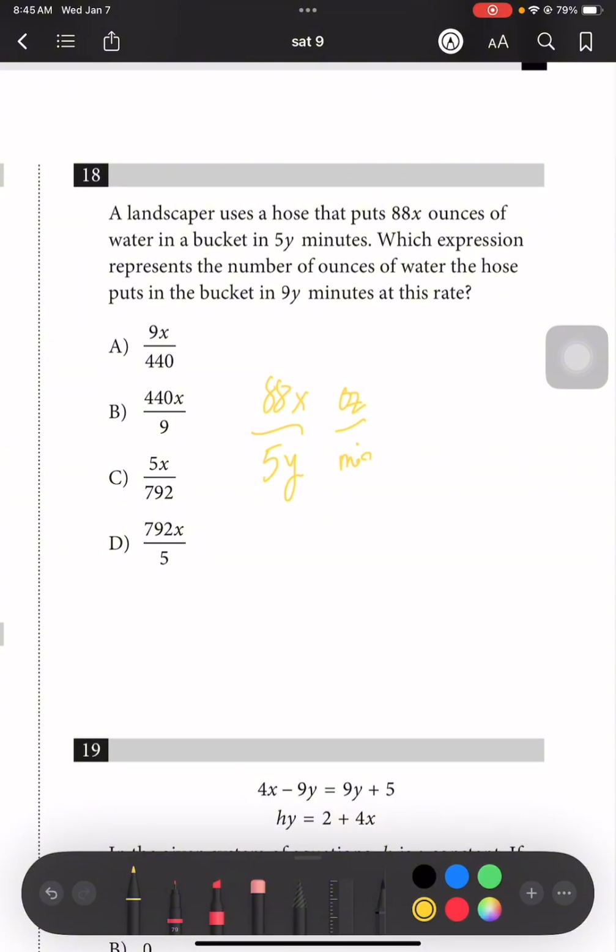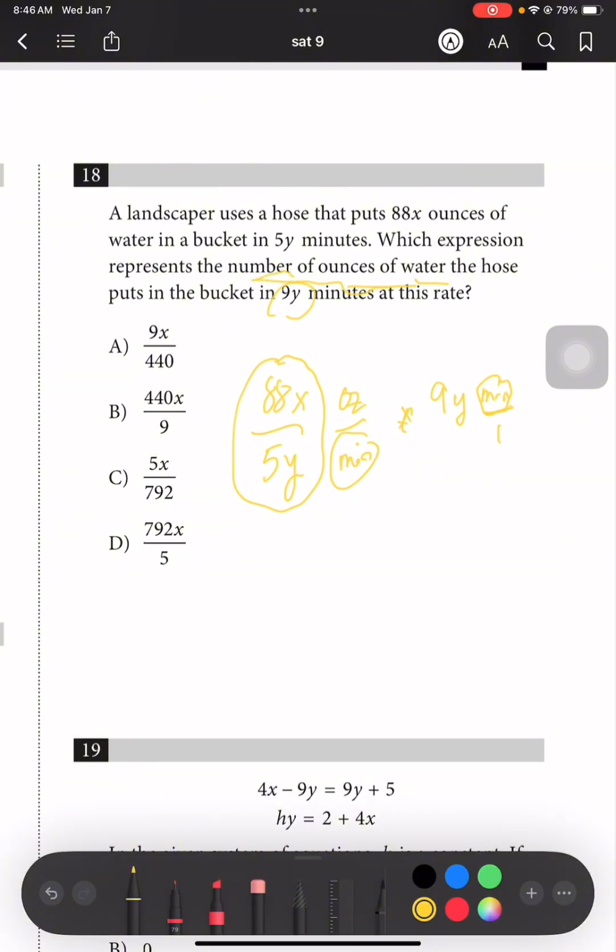That's the unit of this. And then we multiply by what? They want to know how many ounces of water in 9 minutes. So multiply by 9 minutes. So minutes over minutes, this minute over that minute, that's a 1. See, that leaves ounces, which is exactly what we want. We want the number of ounces.